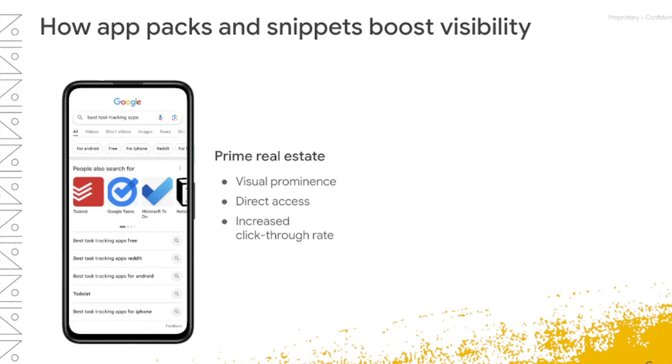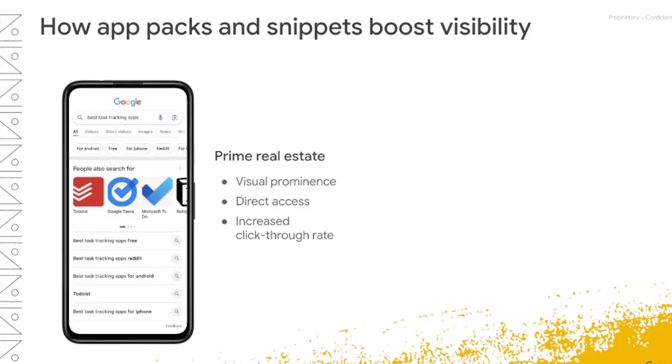Because that was searched for, this is most likely to be displayed on the top. So this obviously instantly grabs the user attention. As you can see, it's the first thing that you look at. And instead of sifting through multiple websites and numerous results, we can easily see the listings on top, ready to download.